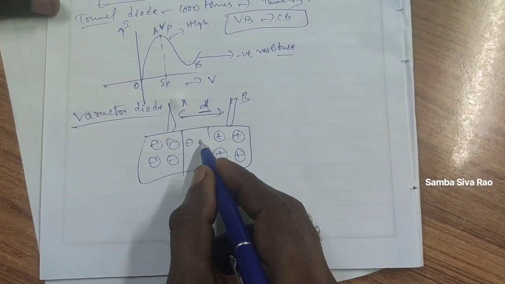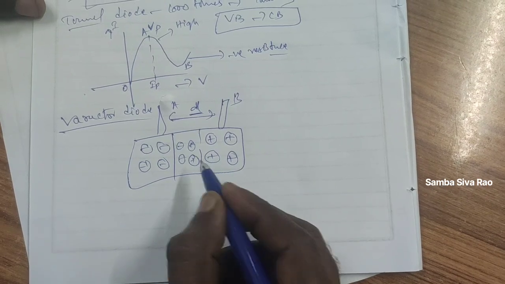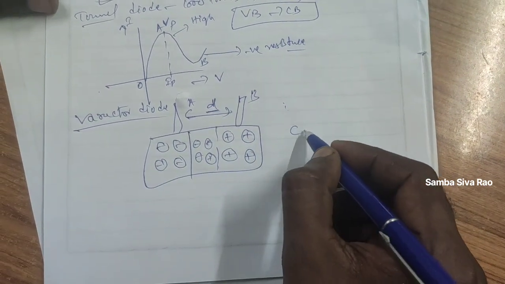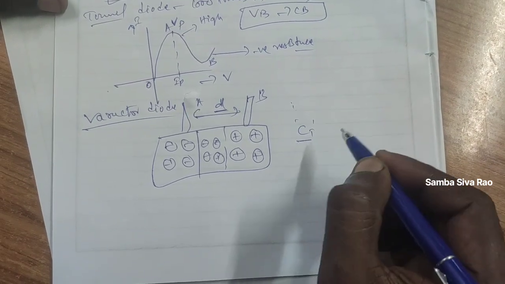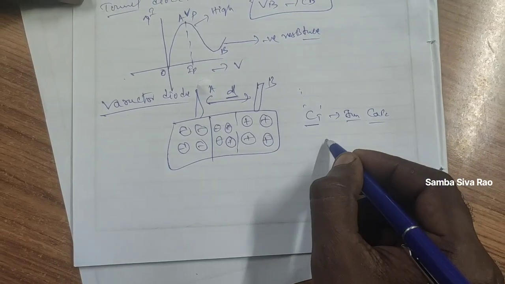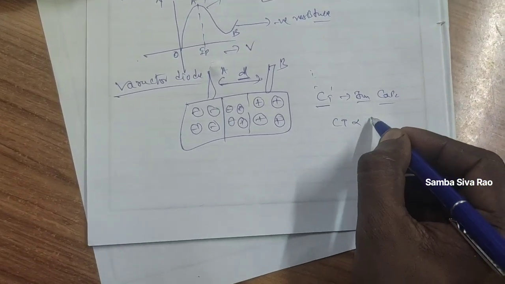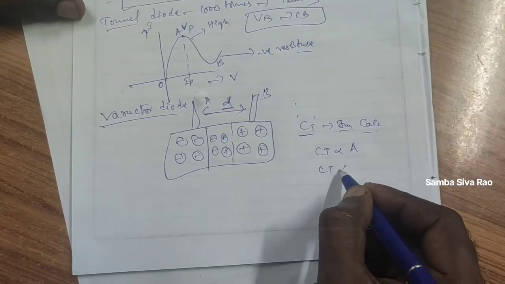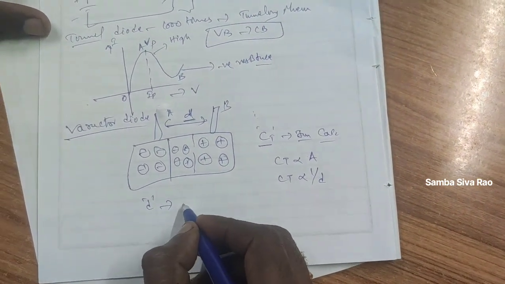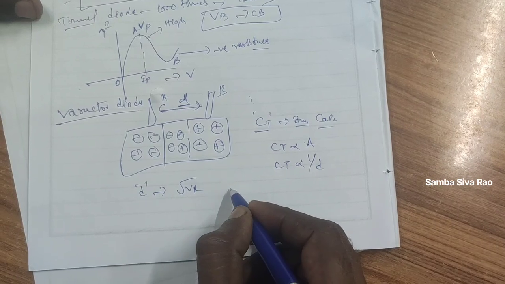We are considering it like this, so that the varactor diode is a variable capacitor, having a capacitance known as CT, the junction capacitance. Junction capacitance is proportional to the area of cross section. It is proportional to 1 by D, where D is the reverse voltage, and it can be the square root of the reverse voltage.